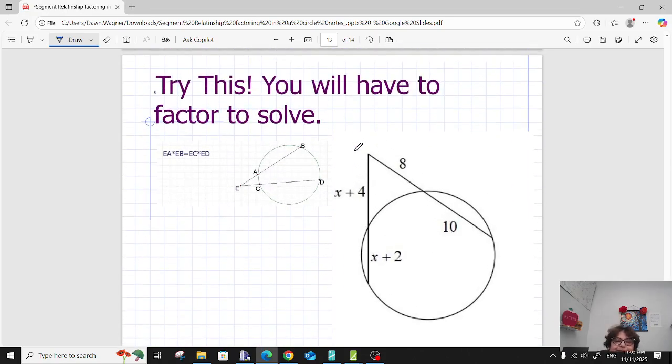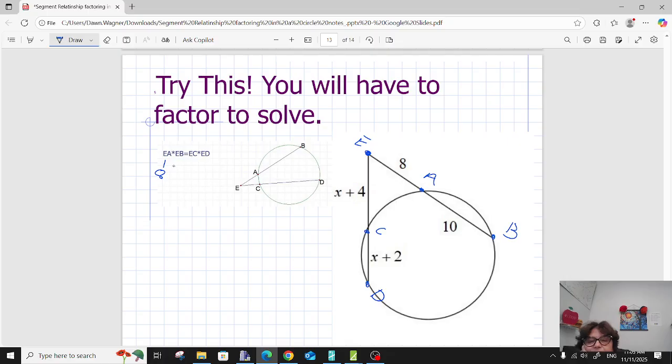Let's try this one. Now, if it helps, you could label these because sometimes it does help to have a reference. So for these, what's EA? EA would be 8.